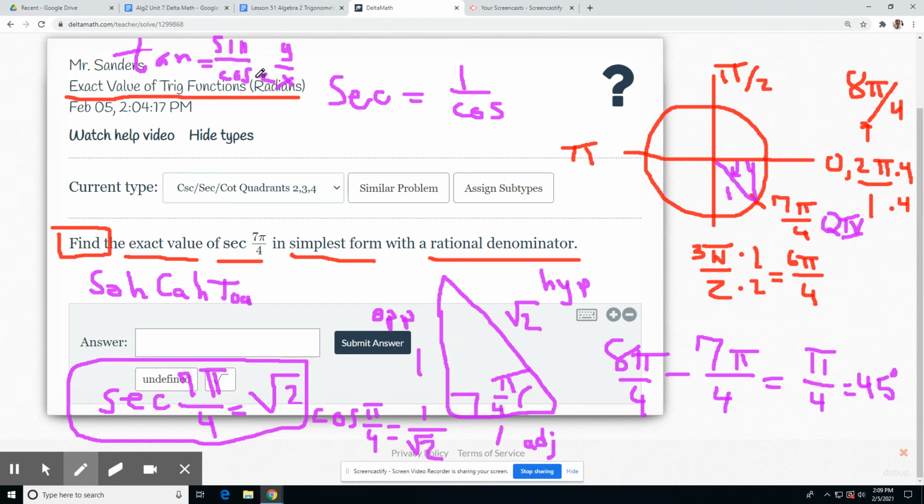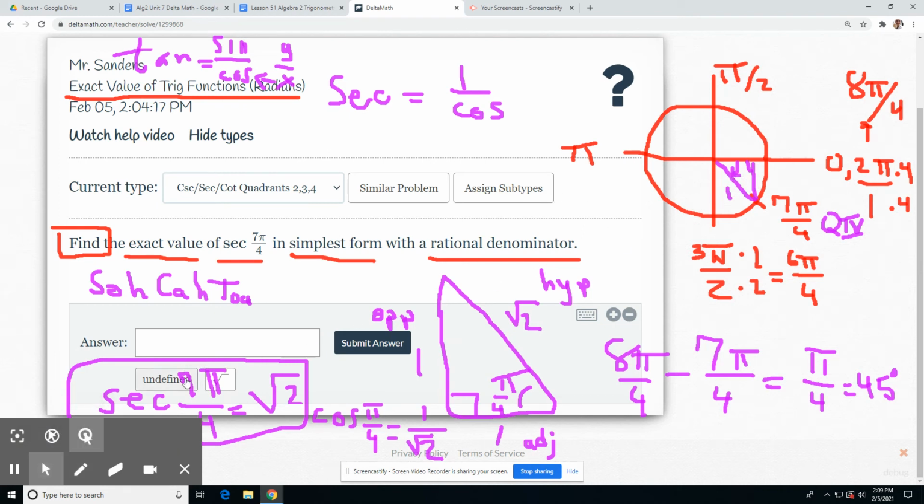Okay, so cosine is the x-related value. Cosine of this was pi over 4, so we didn't have to mess with any negatives since this is also related to the x value, or the cosine. All right, so it means we don't switch it. The y is negative, not the cosine or the x.